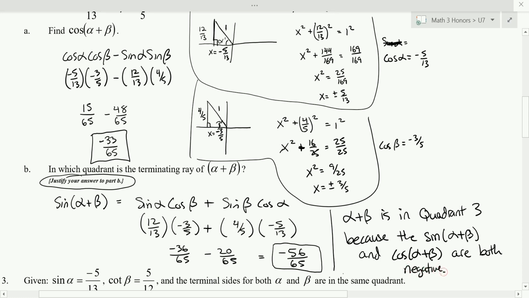And we can see that in the work. So there's our explanation, and we have supporting work to go with it.